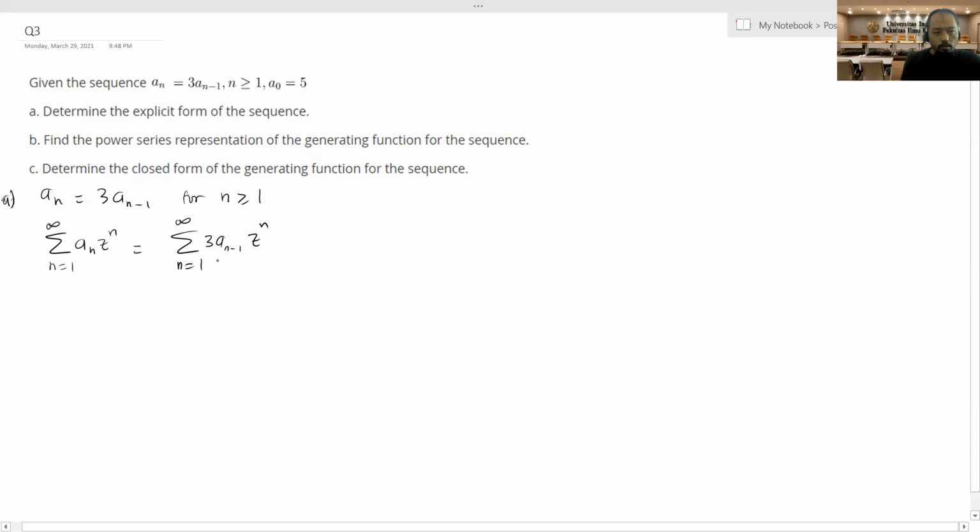If we add a_0 to the left, the left hand side is equal to the sum of n from 0 to infinity a_n z to the power of n minus a_0, whereas the right hand side is equal to this.